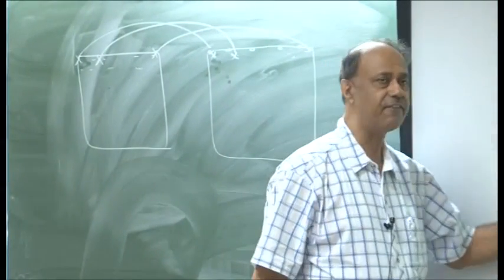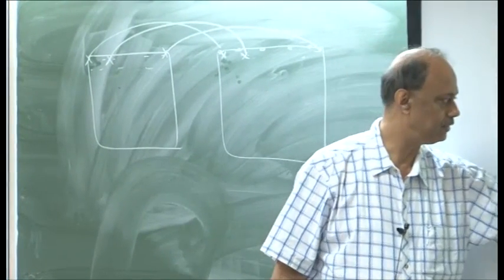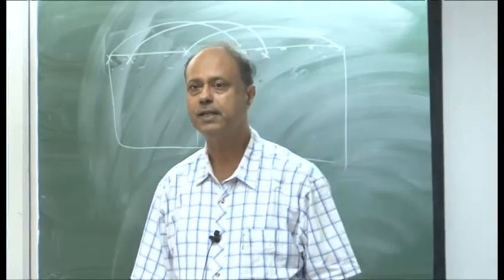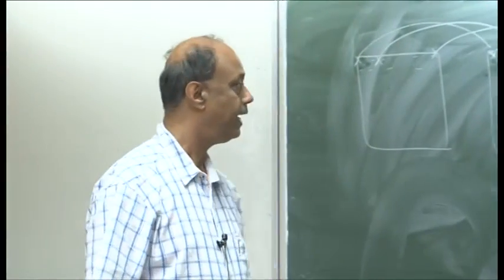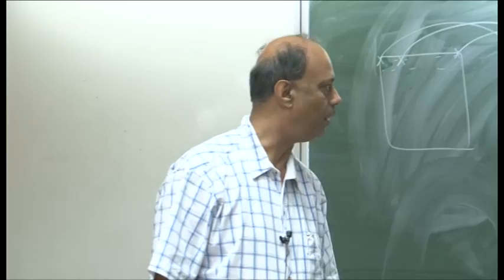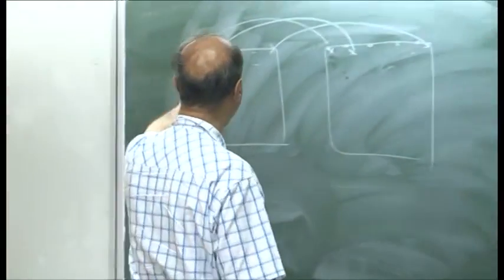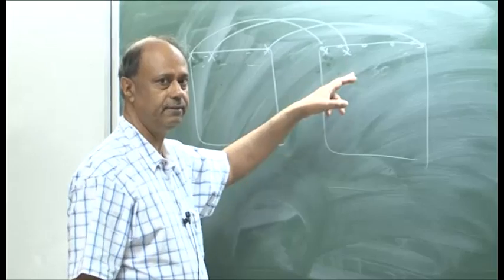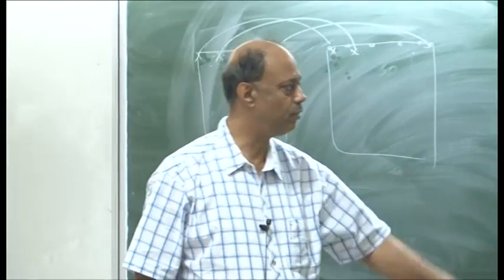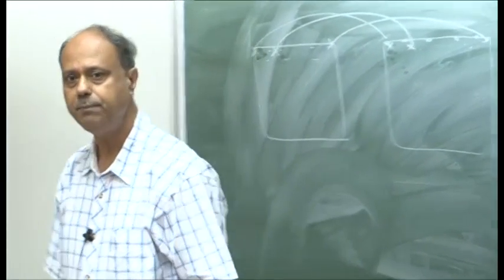If I use the affine transformation, this is your a0 plus a1x plus a2y, and similarly y dash equals b0 plus b1x plus b2y. What it means is that you need to get 3 pairs of data to estimate a0, a1, a2 and b0, b1 and b2.